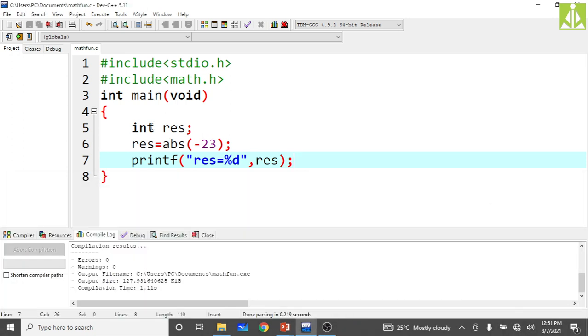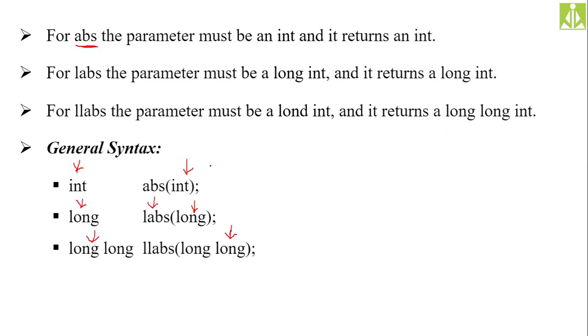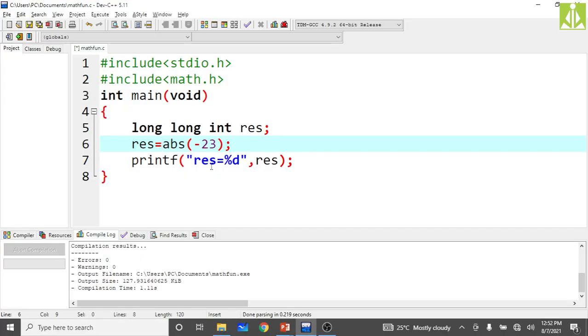So we try another one, that is the maximum type, long integer. If it is long integer, what function must we use? That is LLABS, I guess, isn't it? So use that one.